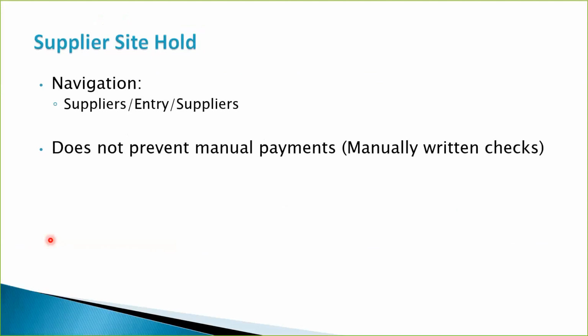And then we have the pay run method, or what we did by submitting the payment process request, which allows you to pick up multiple invoices depending on the invoice selection criteria. And these invoices can belong to different suppliers.